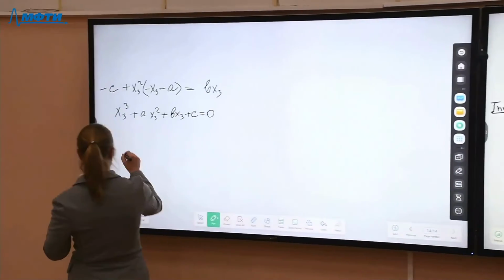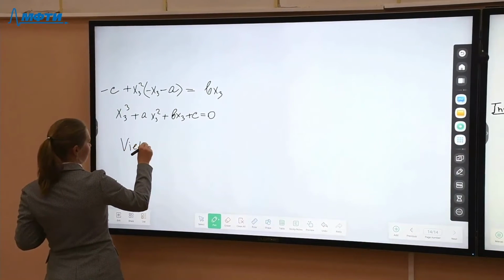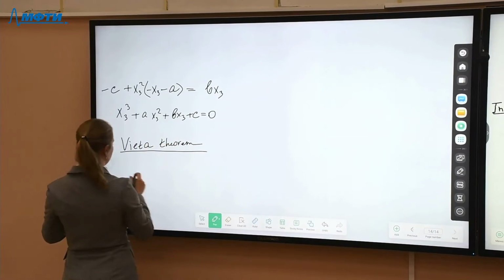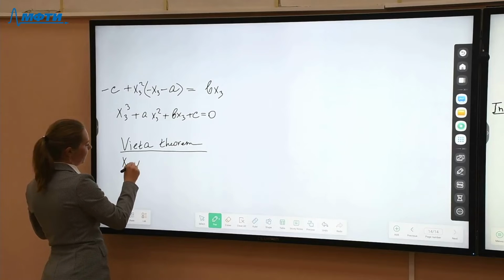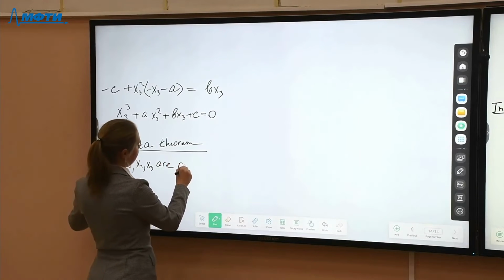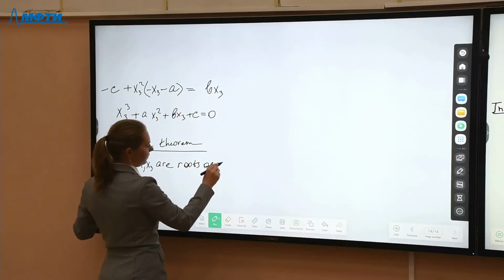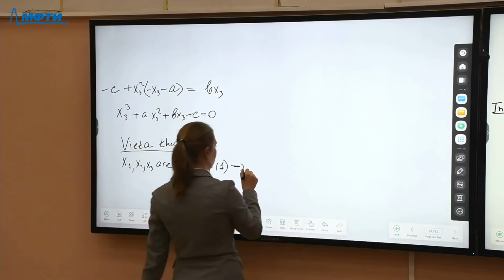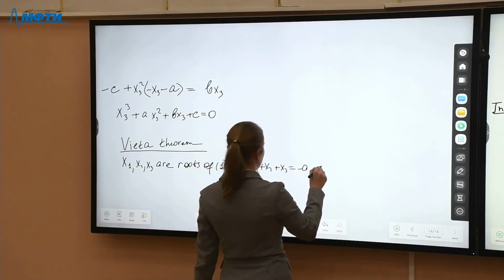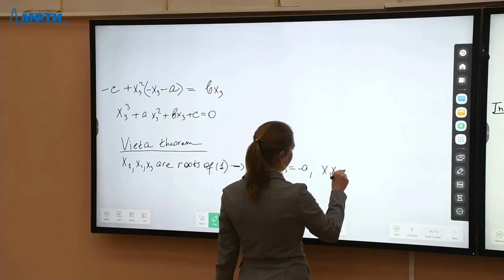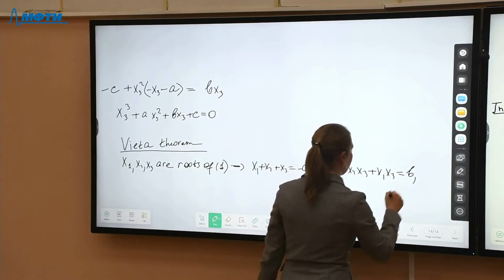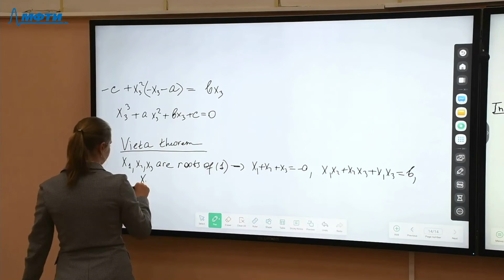And now the direct theorem, let's prove it. Here we have that x1, x2, x3 are roots of 1. And then we need to show that x1 plus x2 plus x3 is minus a, x1 x2 plus x2 x3 plus x1 x3 is b, and x1 x2 x3 is minus c.